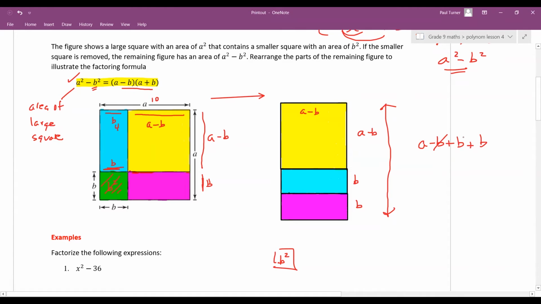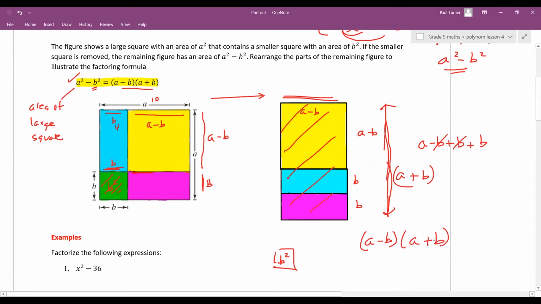The middle two b's will cancel. So the length of this line is a plus b. So think about the area of the total shape. So that's a minus b times the length, which is a plus b, which is your formula here.